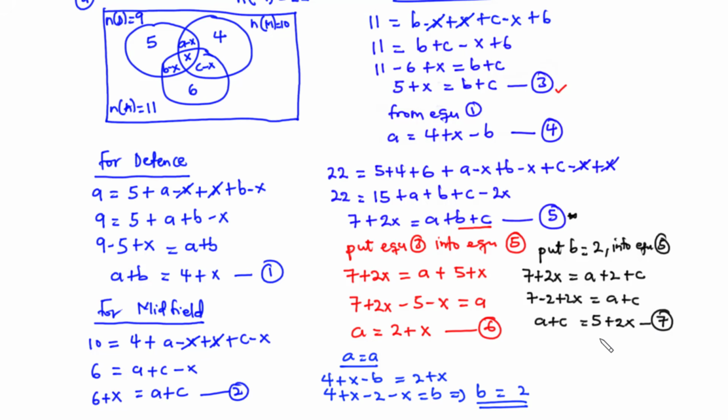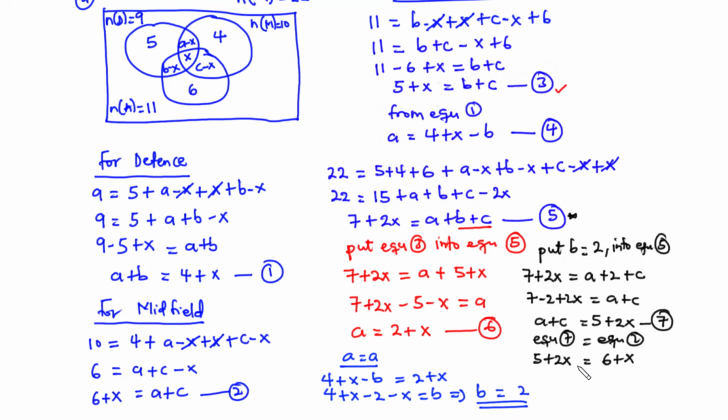So for equation 7, we have a plus c equals 5 plus 2x, and then for equation 2, we have a plus c equals 6 plus x. So we can equate the two equations. So equation 7 equals equation 2. So we have 5 plus 2x equals 6 plus x.